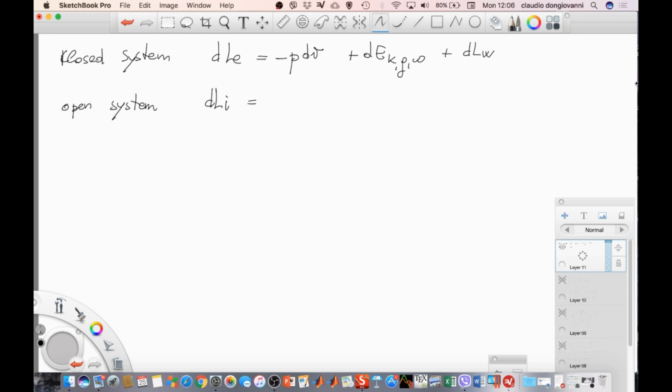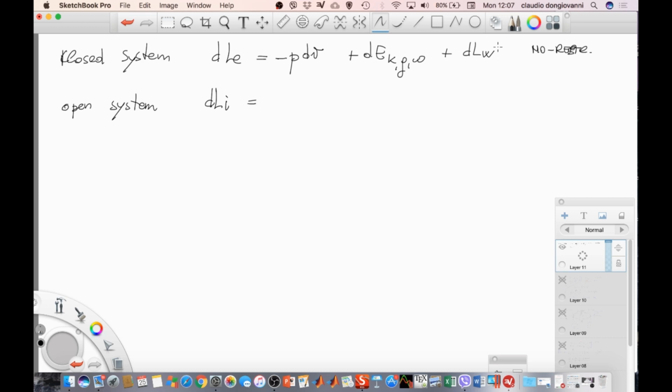Okay, well, it's not difficult because obviously the relationship that we wrote here is always true, no restriction. It can be applied also when we are working in steady state. It is always true, steady state or not steady state.